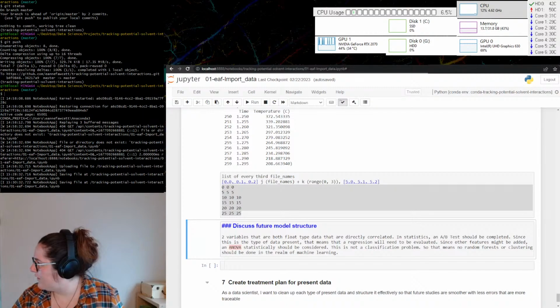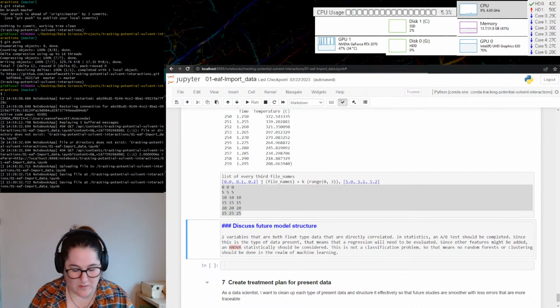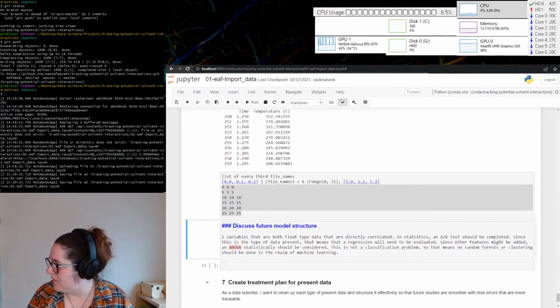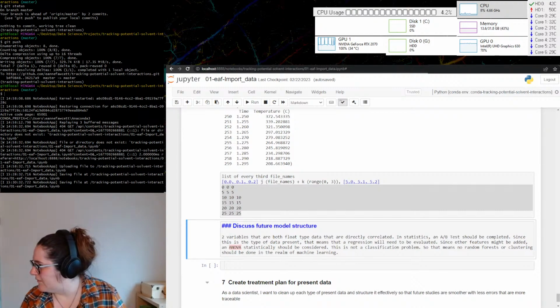I'm wondering, yeah, it's not in the README, which is unfortunate. I need to go back and just fix all of that. Let me see here. I don't know where that is.